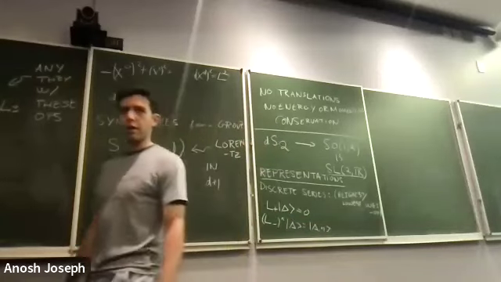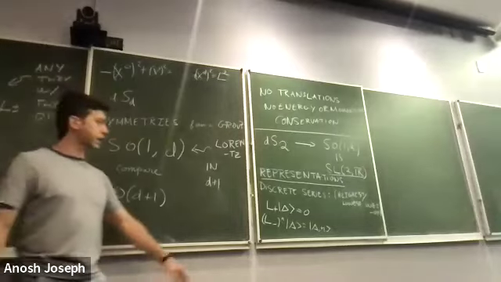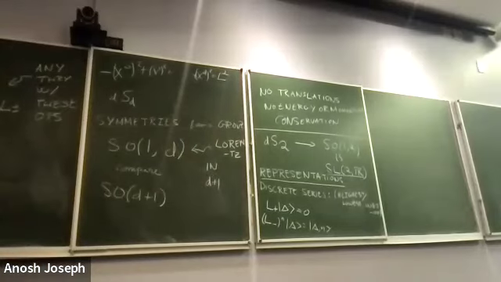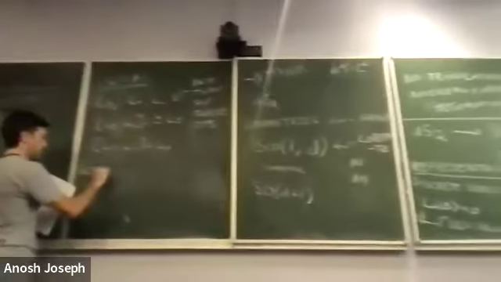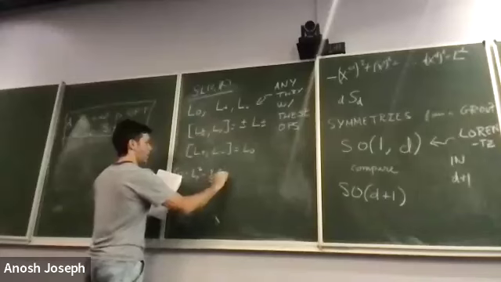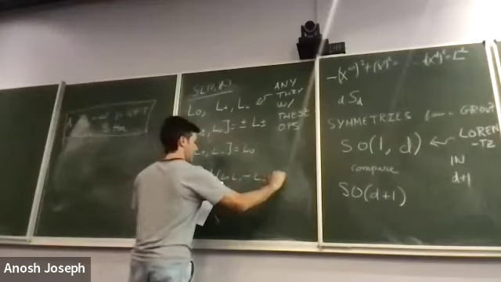So then why are you calling delta the vacuum state? No, it's a label for the representation. One way to label a representation is the quadratic Casimir, which we call C2. C2, in terms of these generators, is L0 squared minus 1/2 (L plus L minus plus L minus L plus).